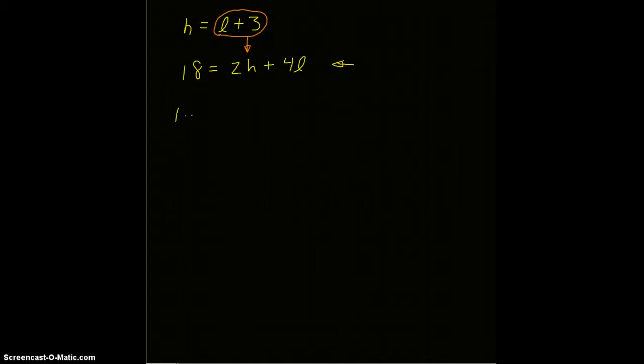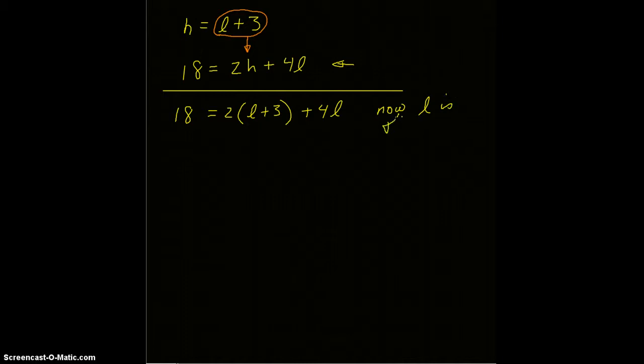Let me just draw a line here to show that I'm doing something a little different. I'm going to substitute in L plus 3 for H, so I have 18 is equal to 2 times the whole quantity L plus 3 plus 4L. And you'll notice now L is the only variable. So we can solve it. We can solve it just the way we know how.